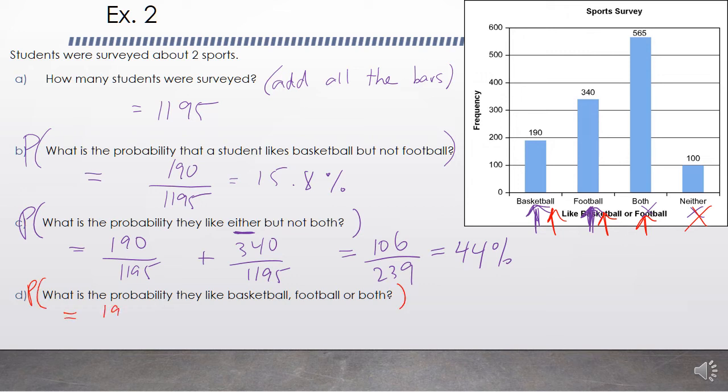So 190 over 1,195 for basketball, football, 340 over 1,195, plus the ones that like both, 565 over 1,195.